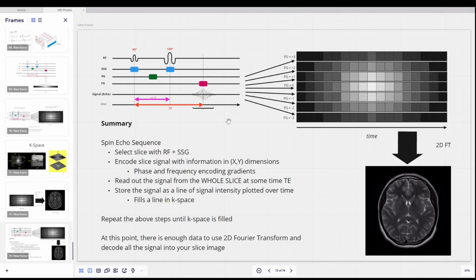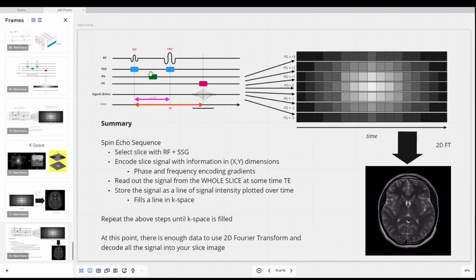So let's summarize what we talked about here. This is our spin echo sequence. A spin echo sequence just means this is the series of steps that we use to generate our echo and encode it with phase and frequency information, right? So we select our slice with our RF pulse and our slice selection gradient.